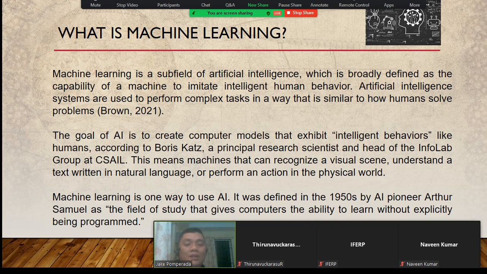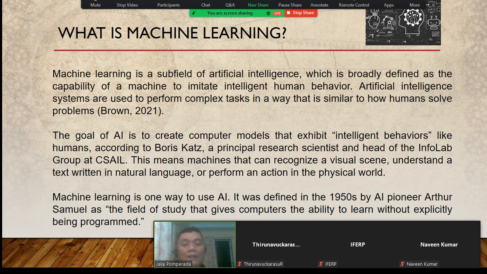It is a subfield of artificial intelligence, which is broadly defined as the capability of a machine to imitate intelligent human behavior.